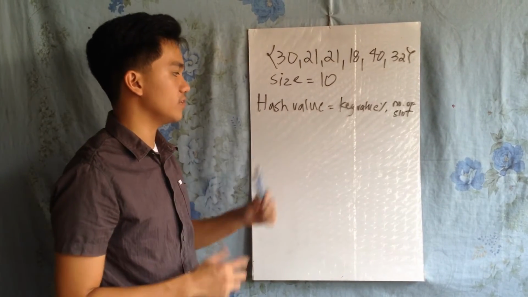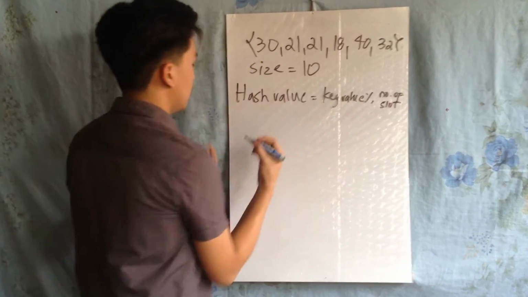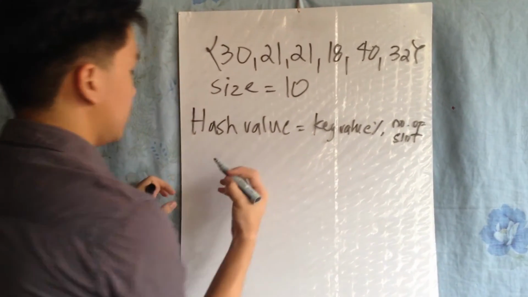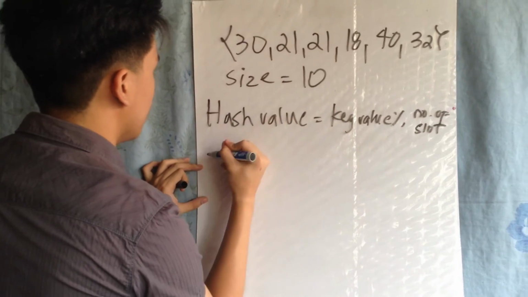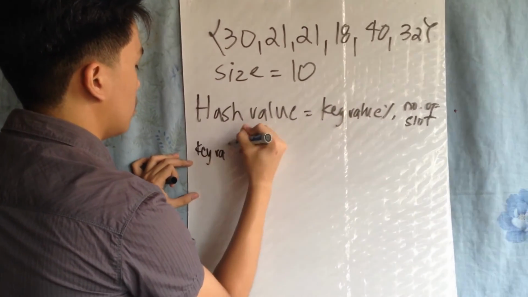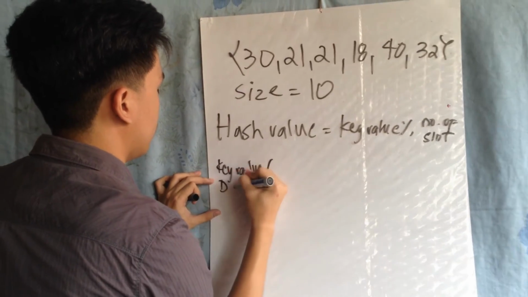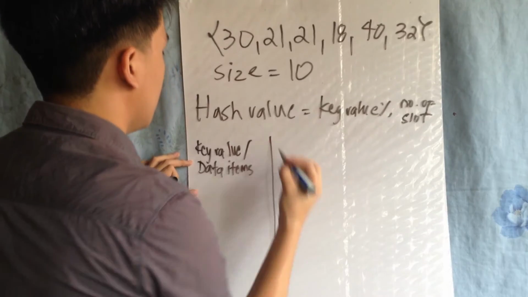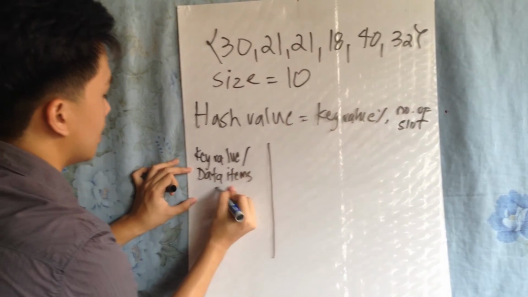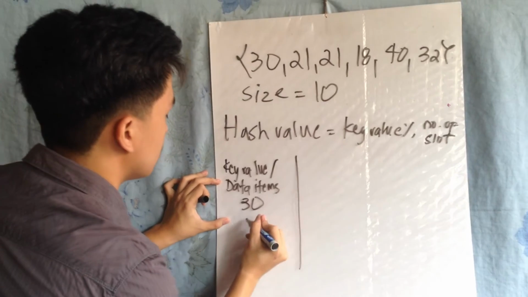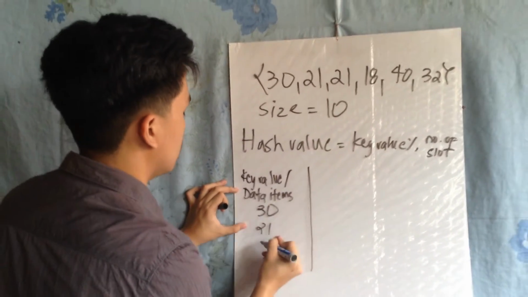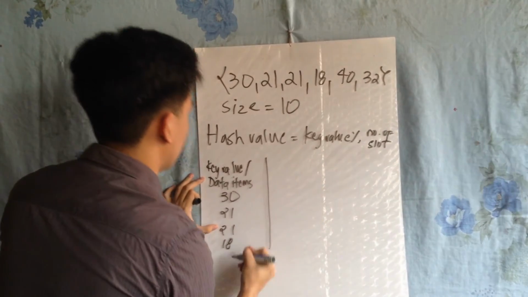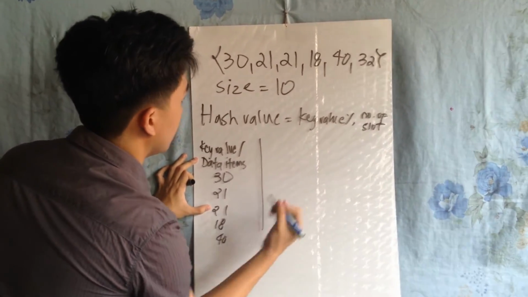And then, meron din tayong tinatawag na equation table na kung saan pwede natin gamitin upang mas mapabilis yung pag-compute natin. So, sa equation table, meron tayong key value or data item. Lahat ng key value natin ilalagay natin dito: 30, 21, 18, 40, and 32.